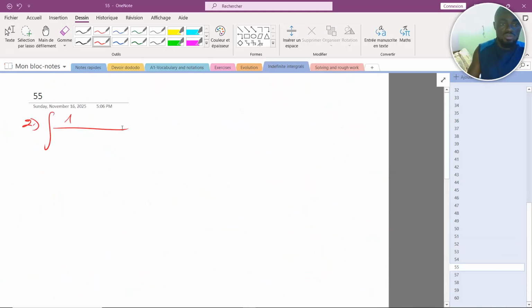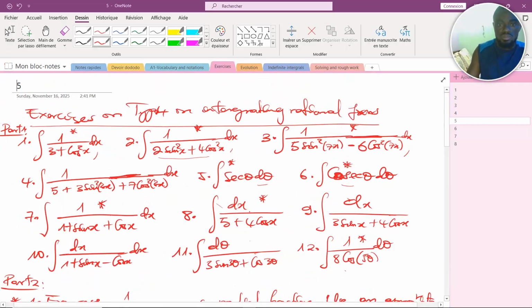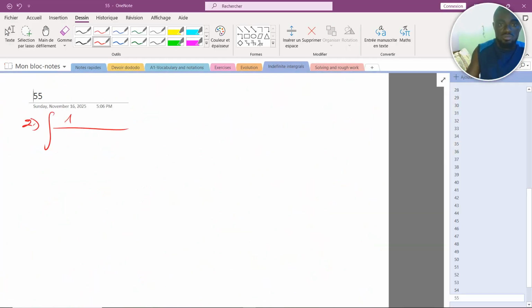Integral of 1 all over 2 sine square x plus 4 cos square x dx. Even this exercise is in your textbook, Pure Maths Made Easy, I think also on page 332. Yes. Okay, let's try to do this.